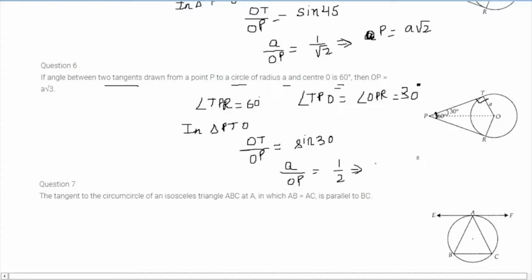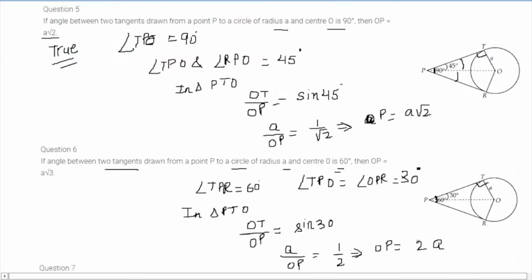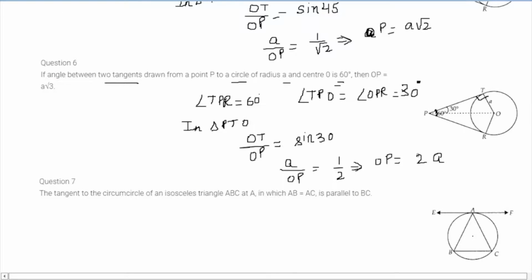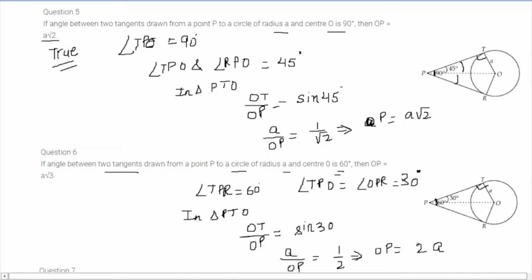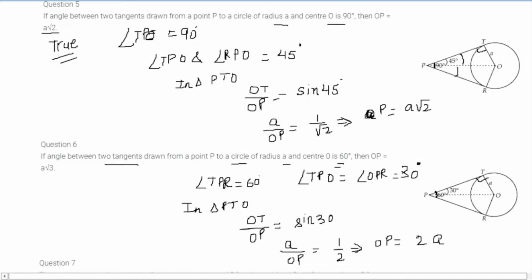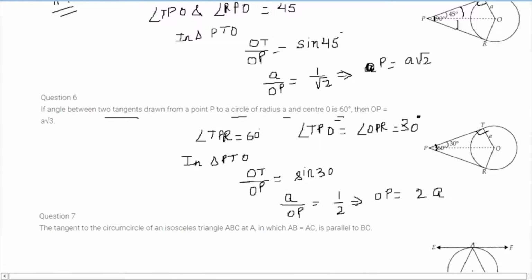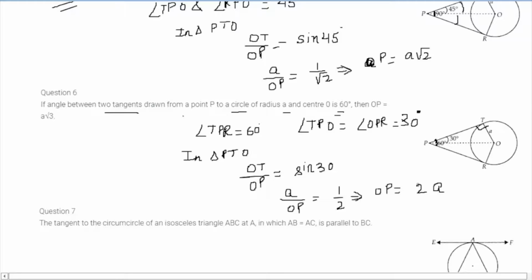So it implies OP is equal to 2A. So it means the statement is false.